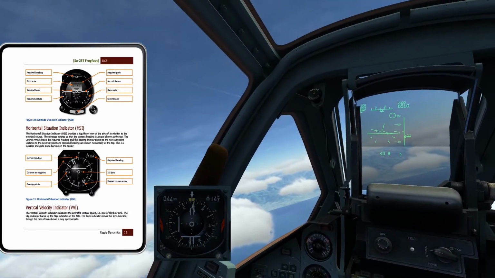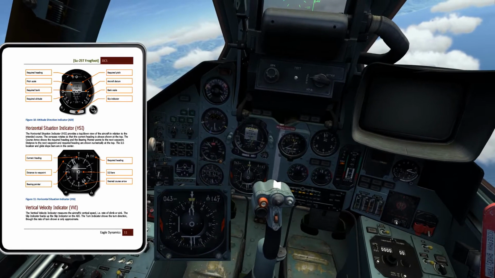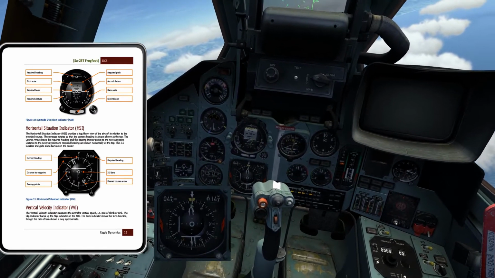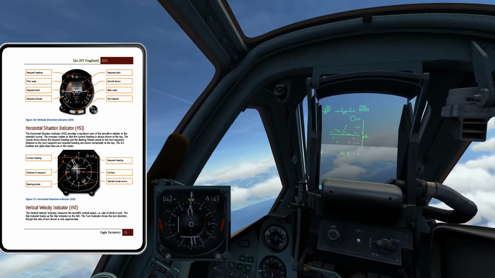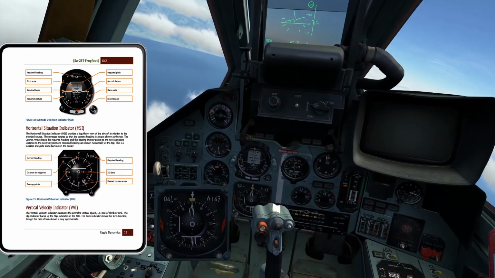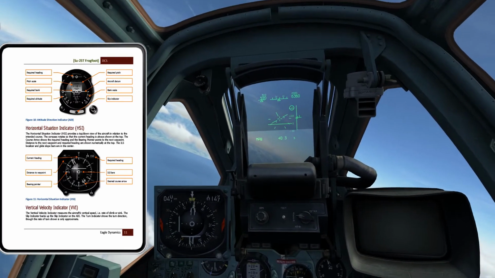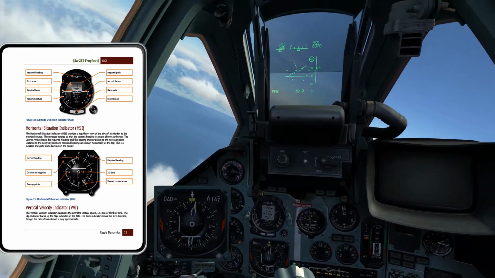That correlates with the bearing pointer, and the bearing pointer is the yellow indicator or the yellow arrow. It always points towards your next waypoint. So it's pointing the direction you should go to get to your next waypoint.